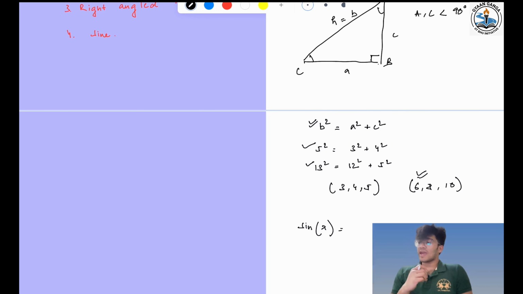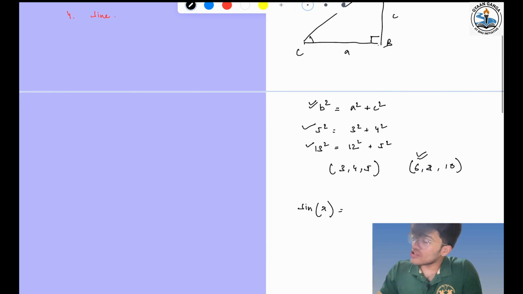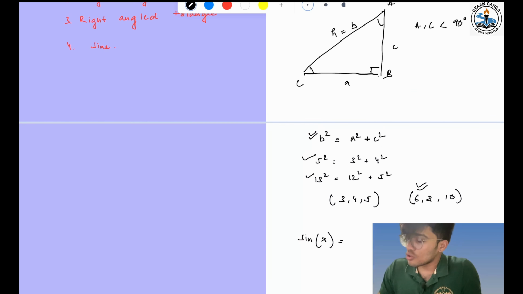So sine of x is essentially the ratio between the perpendicular and the hypotenuse. Now what does a perpendicular mean? Perpendicular is specific to the angle that you are referring to.